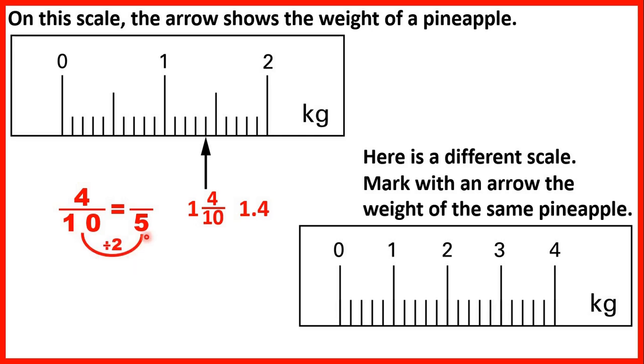Well, 10 divided by 2 is 5, 4 divided by 2 is 2, so 1 4/10 is the same as 1 2/5. And knowing that means that we can mark our arrow on this scale, because we know that each of these little lines are fifths. So if we have 1 2/5, that will be the second line after 1.